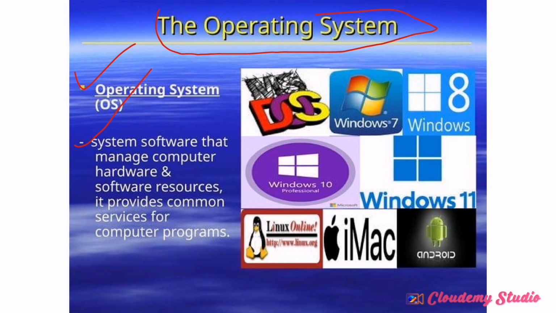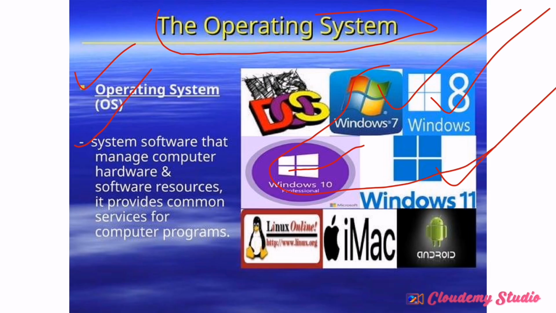Let's proceed, guys. So these are the types. This is Windows 8, Windows 11, the ones most used nowadays. Windows 10 is here, Windows 7. These are the ones most used nowadays, as well as Apple iMac. For Linux, it is there. I'm not so familiar with this one, but this one you all know, Android.